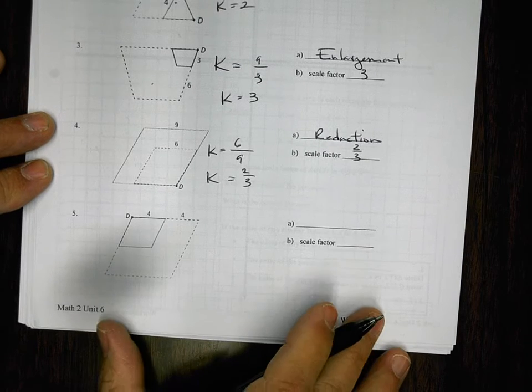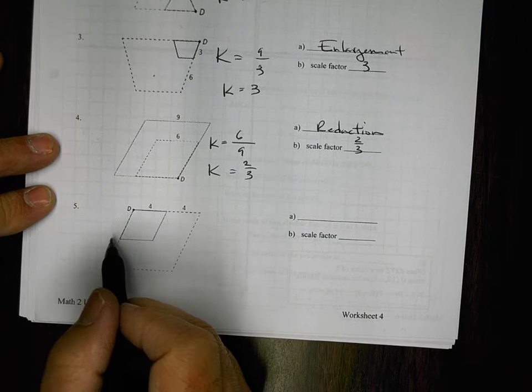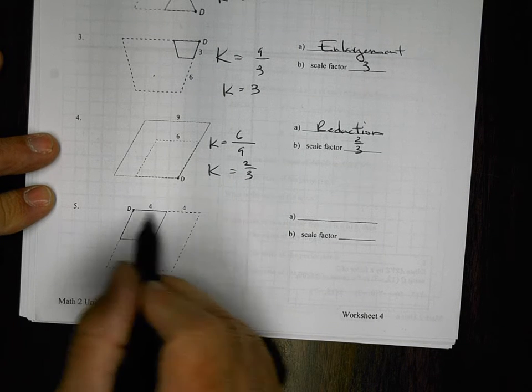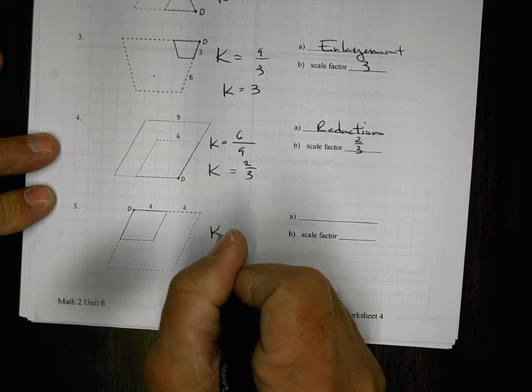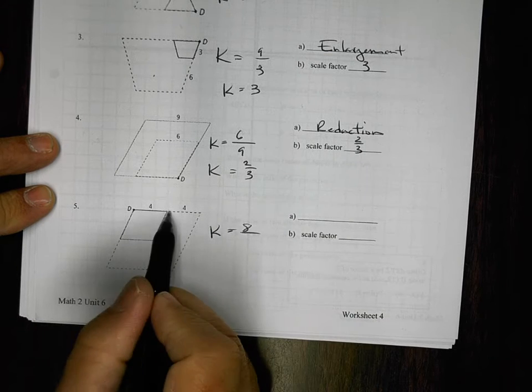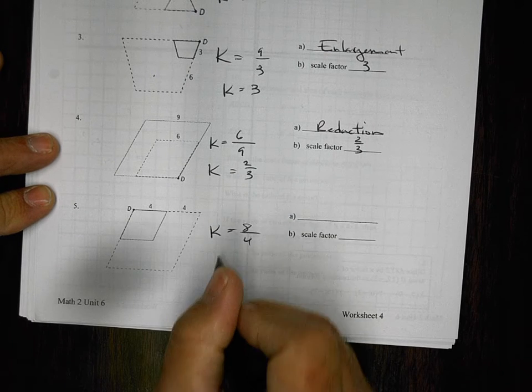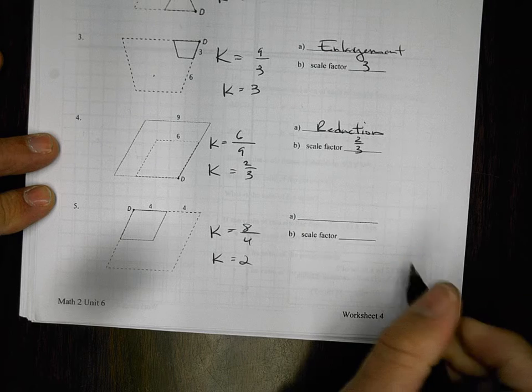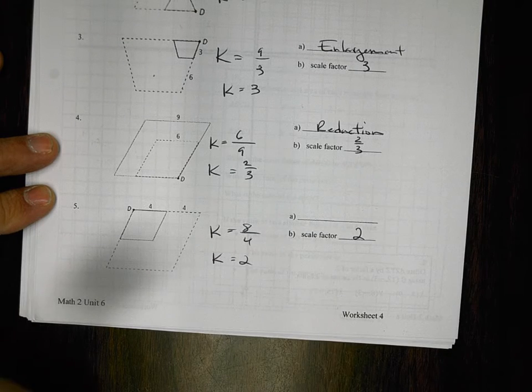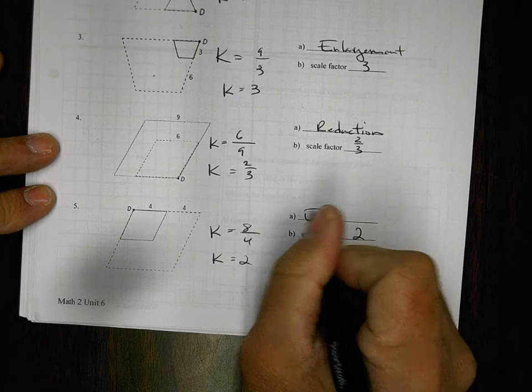All right. Last one, we have an image of 4 plus 4, or 8, and an original or pre-image of 4, which means your K is 2. Scale factor is 2, which means it's an enlargement.